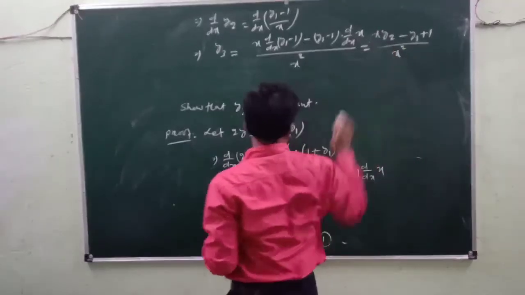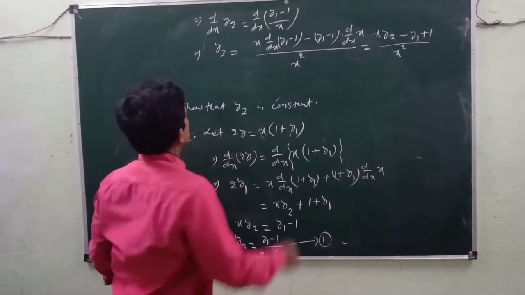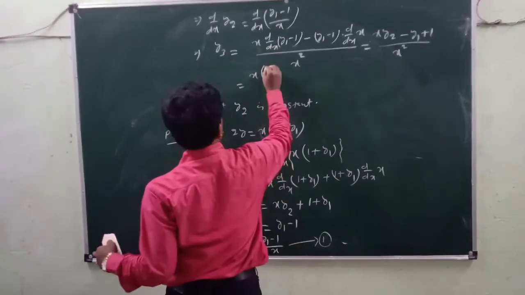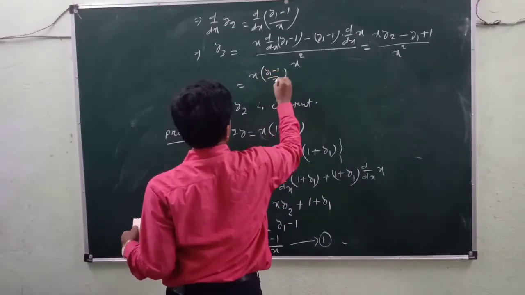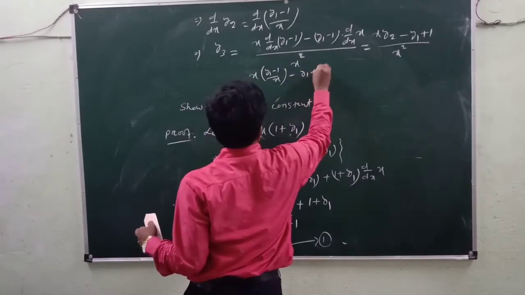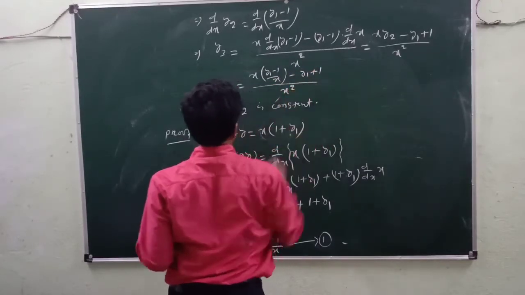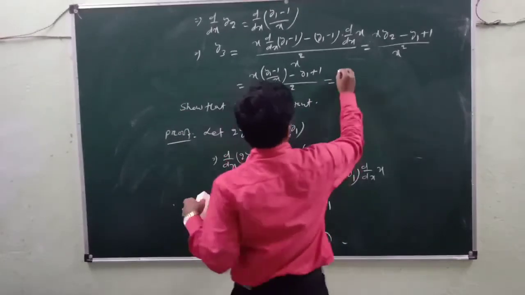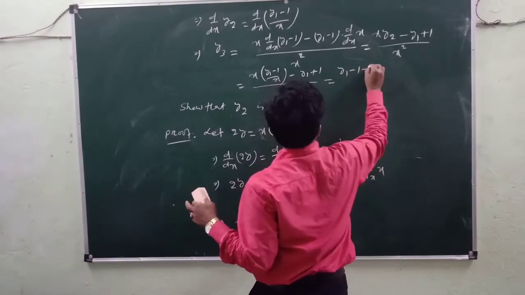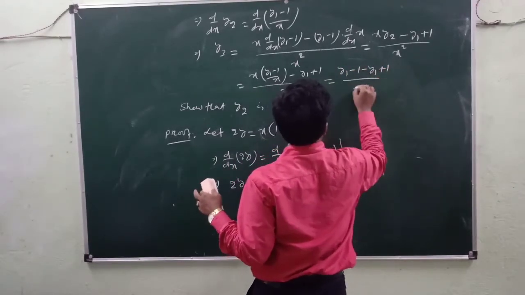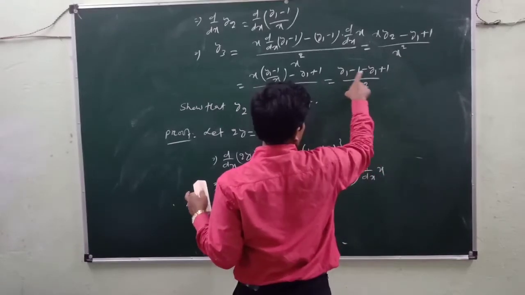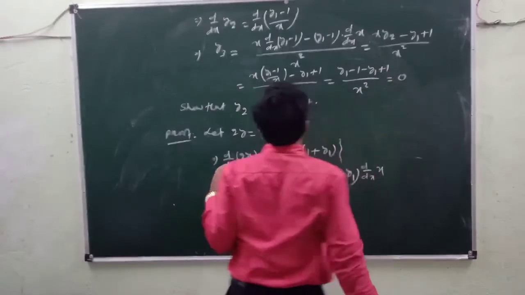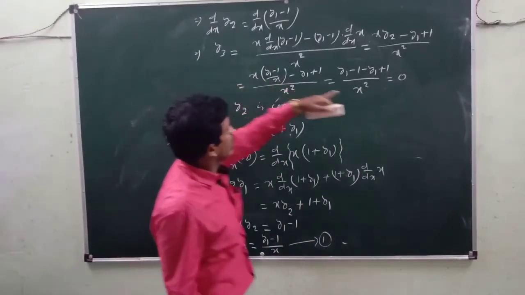When we put the value of y2 from the earlier result, in place of y2 it is y1 minus 1 by x, then minus y1 plus 1 by x square, that equals, x cancels, then remaining y1 minus 1, then minus y1 plus 1 by x square. Here y1 minus y1 cancels, minus 1 plus 1 cancels, so 0 by x square equals 0. That means we get the value of y3 equal to 0.